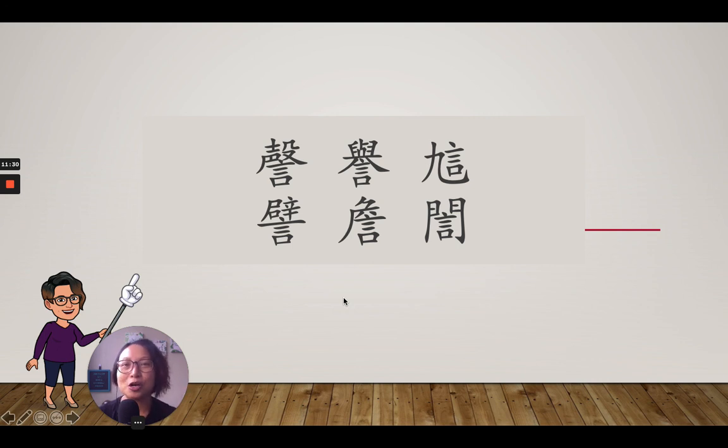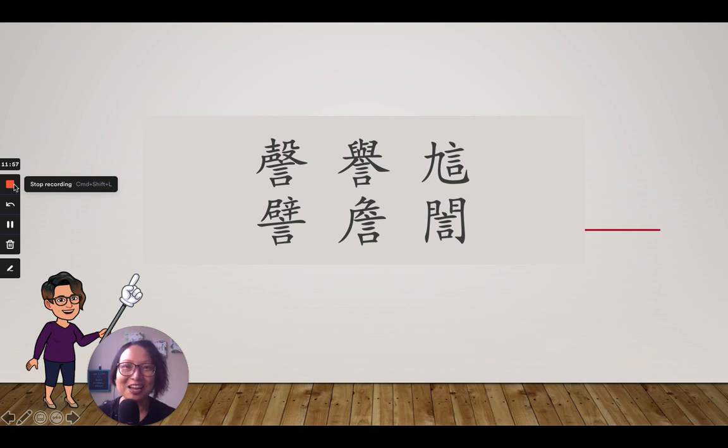But just to let you know, it took me a little while to find them from the dictionary. So don't worry. Most of the time, you will see the 言字邊 on the left. So here we go. Here are the words I want you to learn, and this is the radical 言 that I would like you to know more about today. So I hope you can enjoy and find out more about this radical.